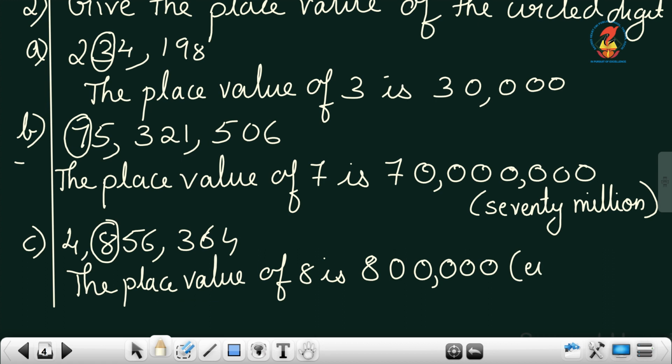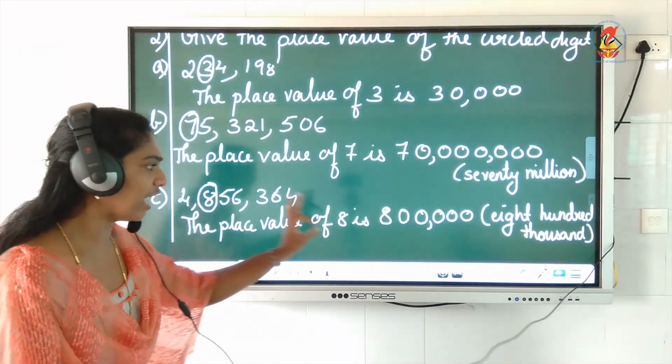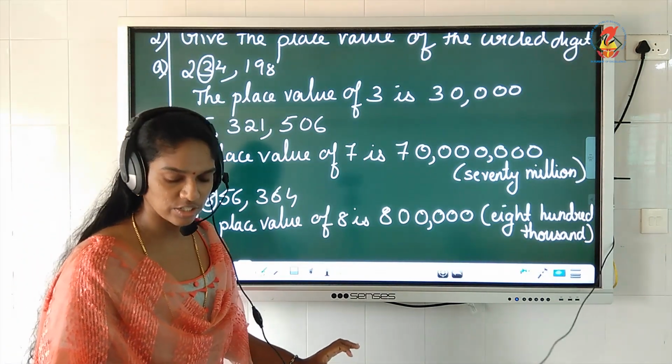It is read as 800,000. After 8 there are 5 digits. So, put 5 zeros. You will get the place value and it is read as 800,000. Clear children?